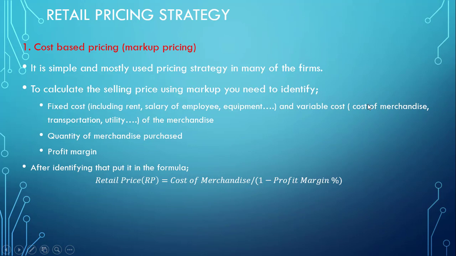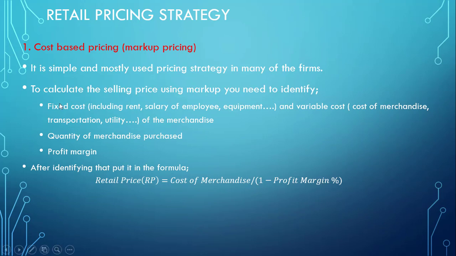For instance, if you purchase 20 units of product or 50 units of product, the cost will vary based on the quantity that you purchase. So when you say cost of merchandise, it means quantity of purchase. Transportation is also a variable cost, and so are utilities like electric bills, telephone bills, water bills, and so on.